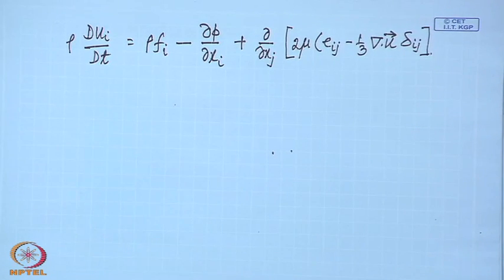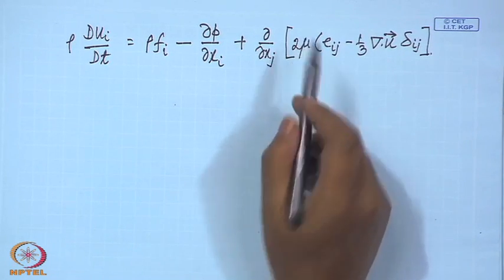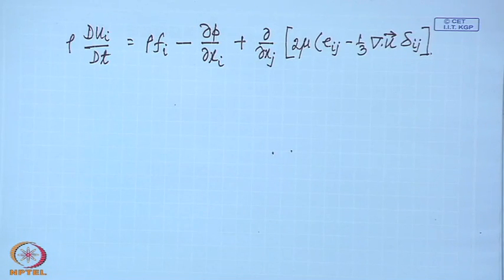Now, this coefficient of viscosity is in general a function of pressure and temperature, and its dependence on pressure is extremely weak. So for all practical purposes the coefficient of viscosity can be thought of as a function of temperature alone.